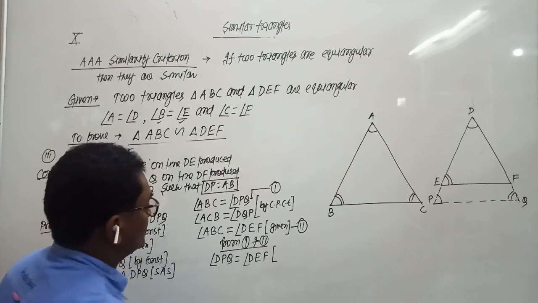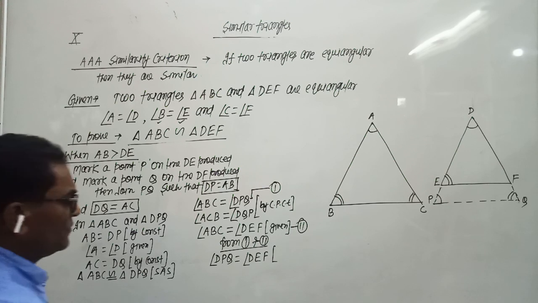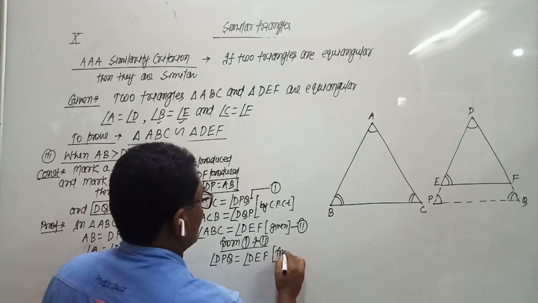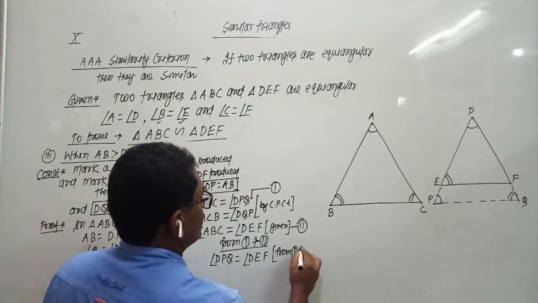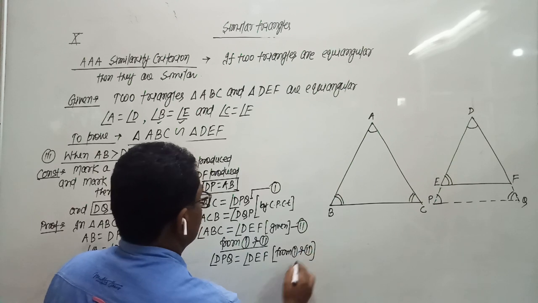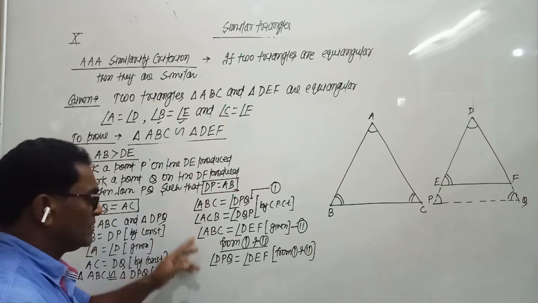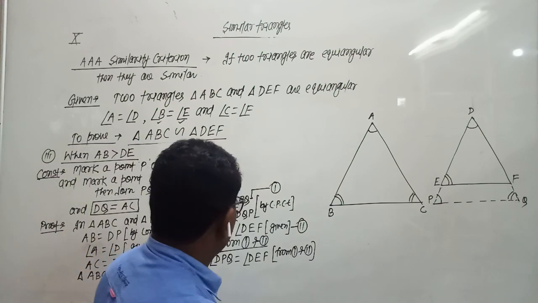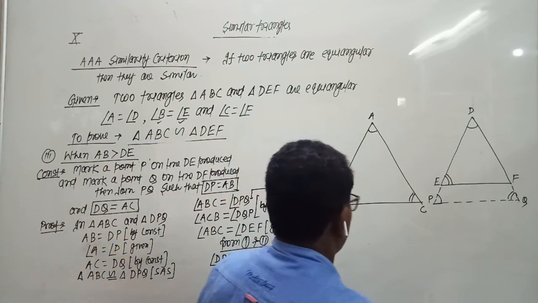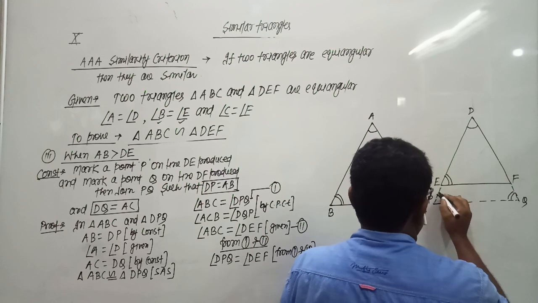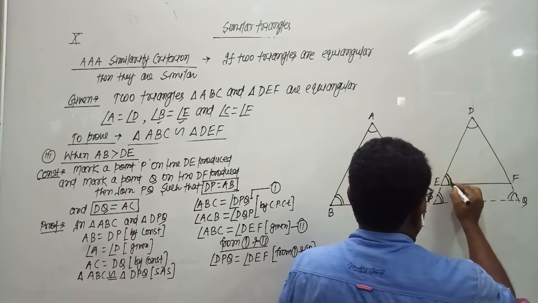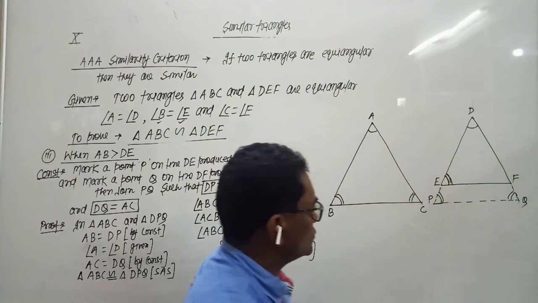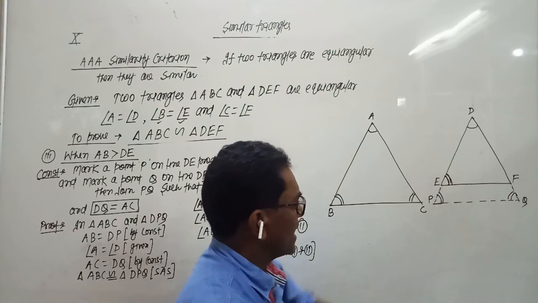From first and second, since LHS of both the equations are equal, their RHS must be equal. So we get that angle DPQ is equal to angle DEF, and these two angles are the corresponding angles.